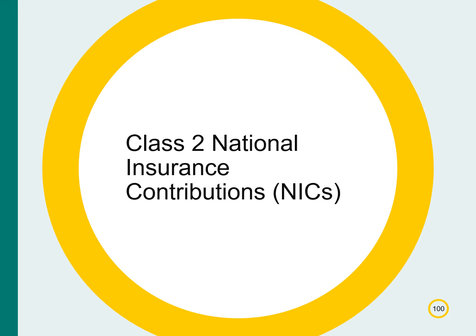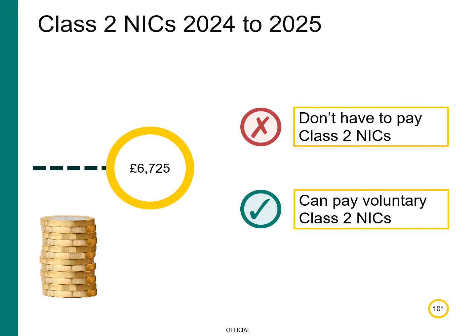When you save and continue on the summary page, you're taken to Class 2 National Insurance Contributions, or NICs. If your taxable profits for the year 2024 to 2025 are less than the small profits threshold, £6,725, or you made a loss, you don't have to pay Class 2 NICs.